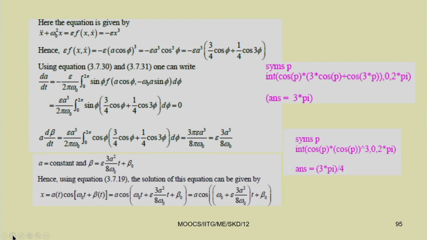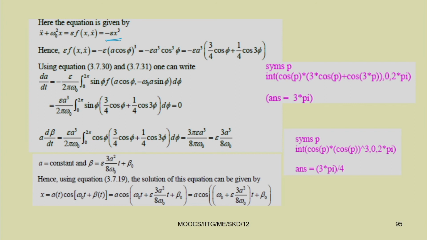Then epsilon f(x, x dot) becomes minus epsilon x cube. So here, for x we have to substitute a cos phi, and this becomes minus epsilon a cube cos cube phi.